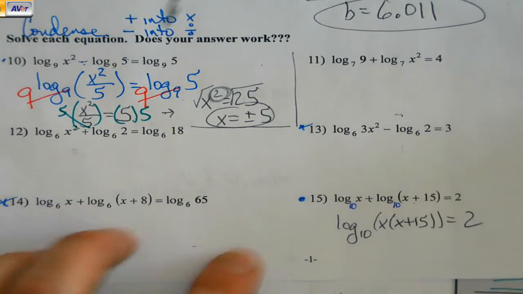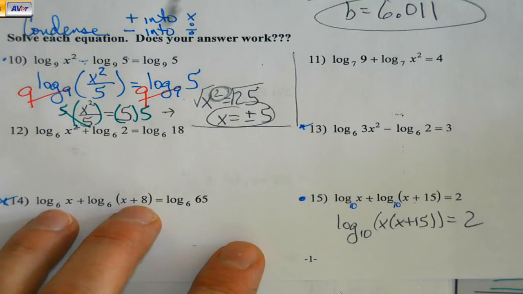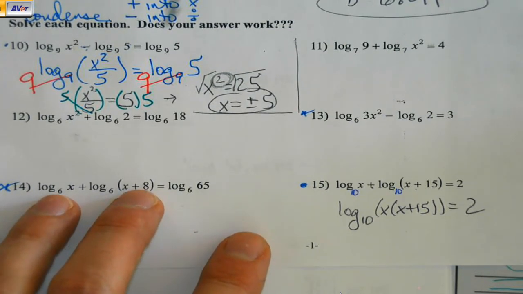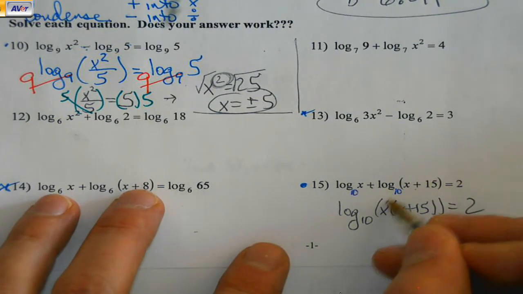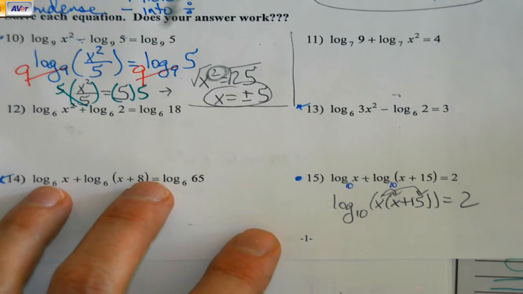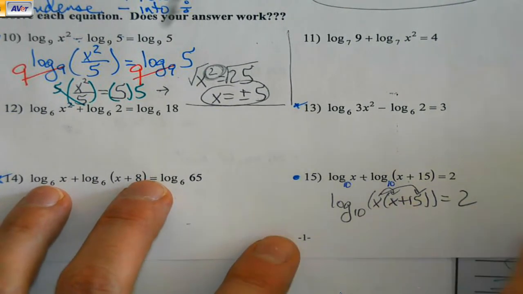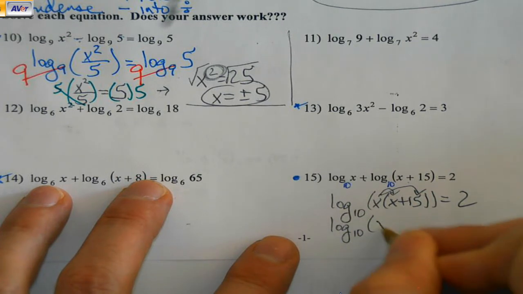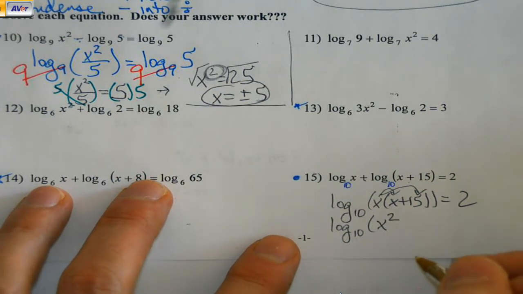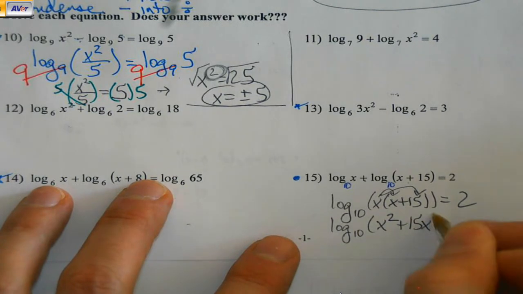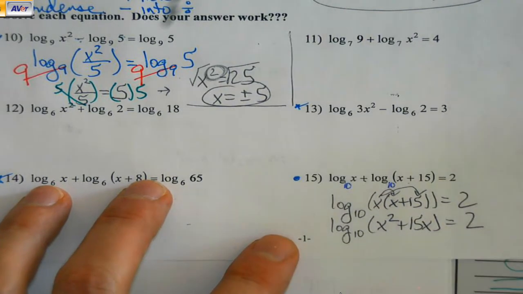You're like, ooh, a lot of parentheses. A lot of parentheses because I'm not going to type that into the calculator yet. But what I am going to do is I'm going to simplify this part. I'm going to go ahead and distribute that x through. And we're going to take up all of our space over here too, I have a feeling. So x times x is x squared plus 15x. Okay.